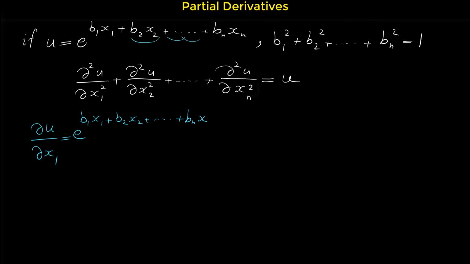None of these other terms have x sub 1, so the derivative of all of them with respect to x1 is 0, and the derivative of b1 x1 with respect to x sub 1 is just b1. Note that here b1, b2 and so on to bn are constants, and so the derivative of b sub 1 x1 is just b1.